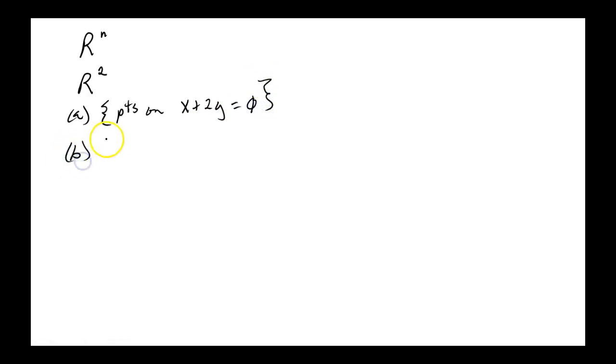B, the set of points on x plus 2y is equal to 1. Okay? Which of those two, or both, or neither, is a subspace of R2? We know they're both subsets of R2. Which of those is a subspace of R2? A, B, both, or neither?